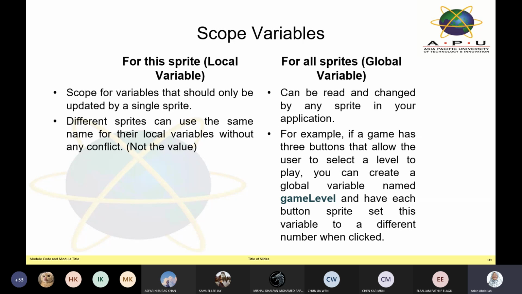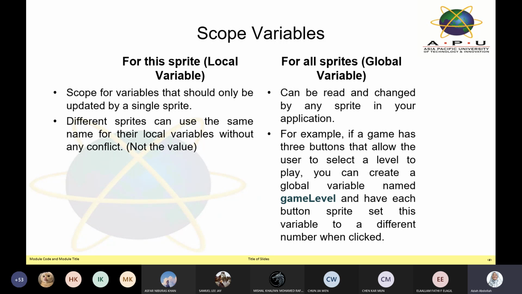So for example, if a game has 3 buttons, like your stopwatch, you have 3 buttons, and you allow the user to select a level to play: level 1, level 2, level 3. You create a variable named game level as a global variable for all sprites, and have each button sprite set this variable to a different number when clicked.